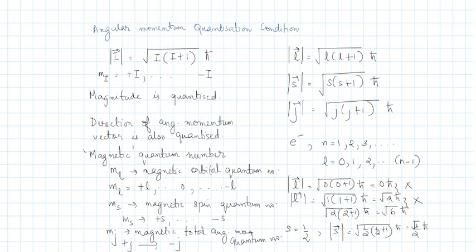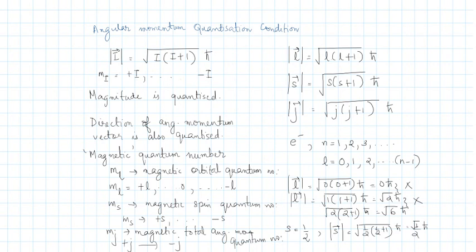Now let's see the angular momentum quantization condition. We know that for an electron, the orbital angular momenta satisfies such a quantization condition, spin angular momenta satisfies such a condition, and the total angular momenta satisfies such a condition. Now, if we consider the same thing, the quantization condition for nuclear spin is given by root of I into I plus 1 h cross.